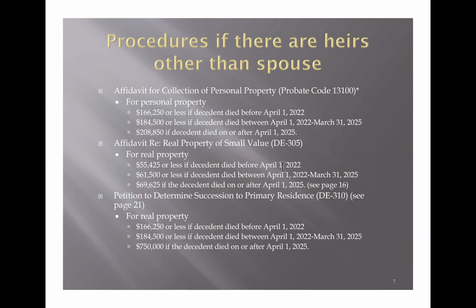If the heirs are other than the spouse, then there's 3 different summary procedures. First of all, for personal property, there's an affidavit for collection of personal property under Probate Code 13100. And the value limits for using this affidavit are set there on the screen.